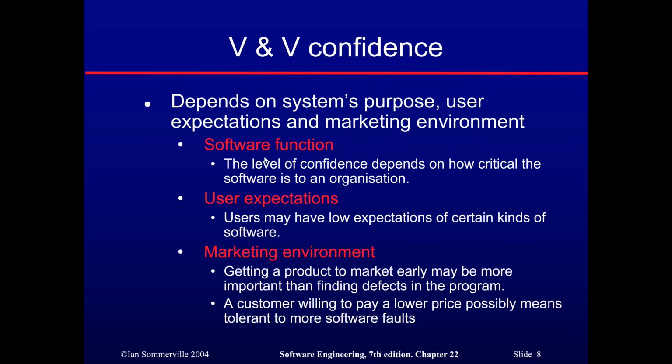As you may well understand, the confidence required for the software product should be much higher for a safety critical system than that required for a prototype, for example, a software system that has been developed to show some new idea.